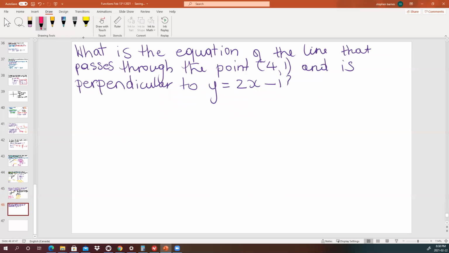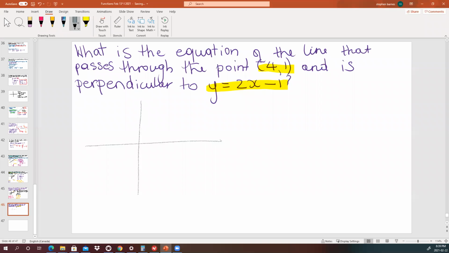So again, we have a line that we're being asked to find the equation for. We know it passes through a point, 4, 1, and it's also perpendicular to another line that has that equation. So I'm just going to go ahead and draw the coordinates for this line. We know it passes through 4, 1.